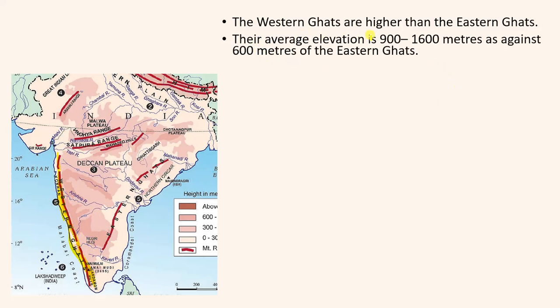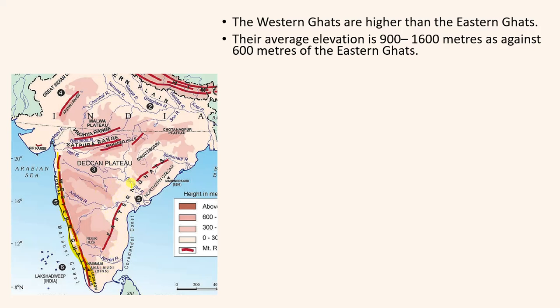Their average elevation is 900 to 1600 meters as against 600 meters of the Eastern Ghats. So if you compare the average height or elevation, the Eastern Ghats are the edge, the last end of that plateau region.